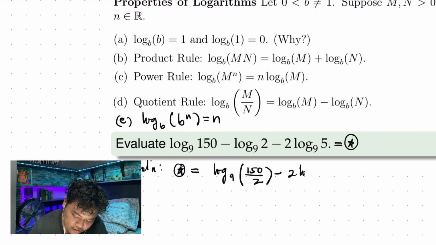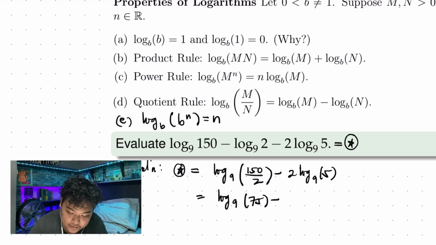Minus 2 log base 9 of 5. Kinopya ko lang ito. And then, log base 9 ng 75 minus, parang ito, pwede mong iangat doon, no? Kasi, anong sabi? Diba? Ito, nalalaglag yung exponent. Or kung titignan mo from here, pwede mong ibalik doon yung exponent.